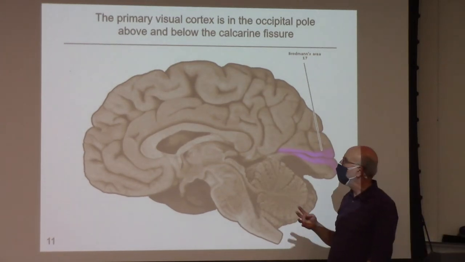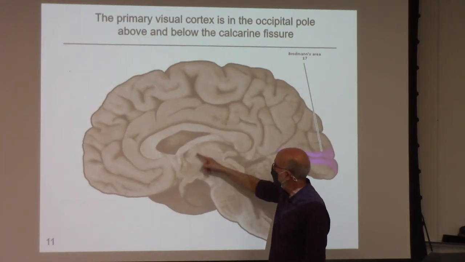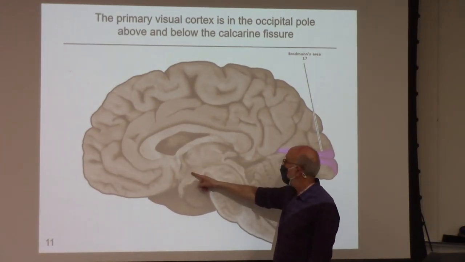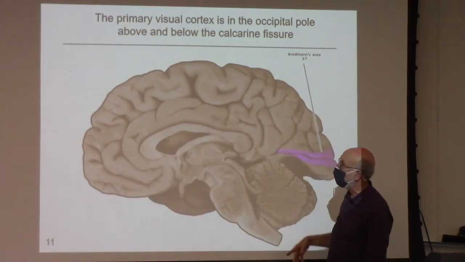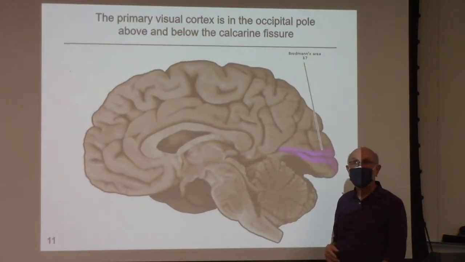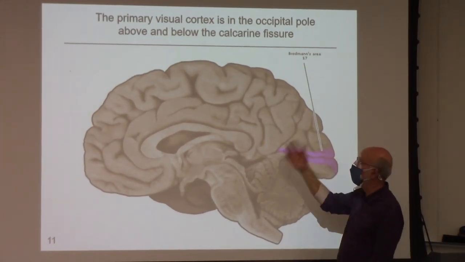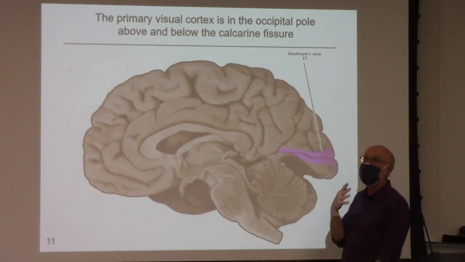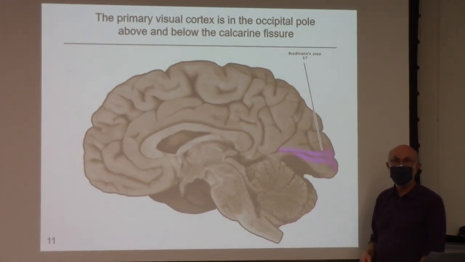Now, just to be clear, I could ask you the name of this, or this, or this. Here's a good slide to test yourself on your neuroanatomy in a midline sagittal section. I am not going to ask you about vision on the quiz, but there's lots of stuff on here that I could ask you about.